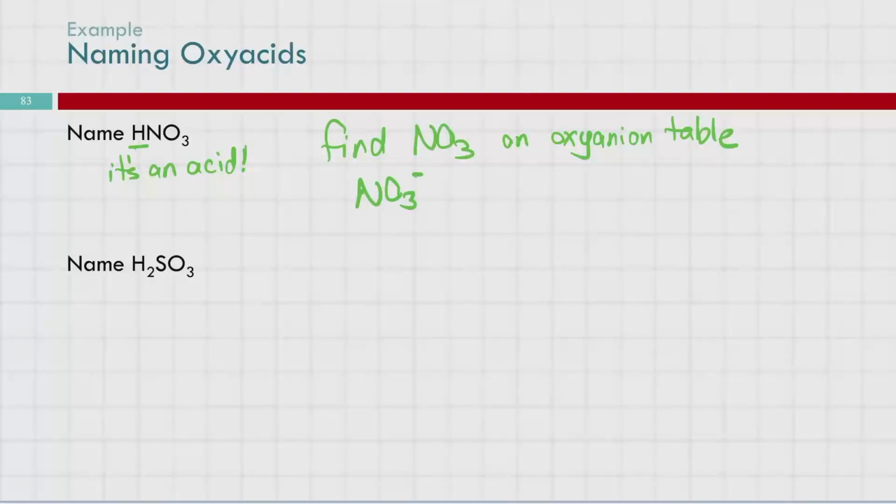So NO3 with a 1 negative charge is nitrate. What ending does nitrate have? Ate. It's got the ate ending, so we turn it into what? Ic. So nitric acid. That's it.